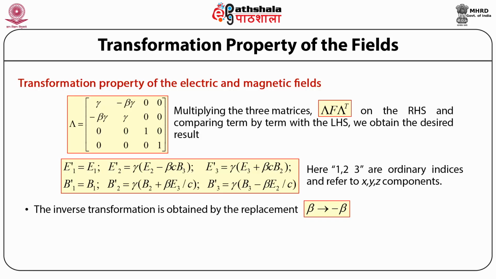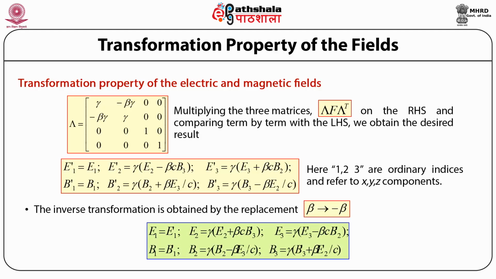So the inverse transformation equations are E₁ = E′₁, E₂ = γ(E′₂ + βcB′₃), E₃ = γ(E′₃ − βcB′₂), B₁ = B′₁, B₂ = γ(B′₂ − βE′₃/c), and B₃ = γ(B′₃ + βE′₂/c). So these six equations define the inverse transformation for the electric and the magnetic field induction vectors.